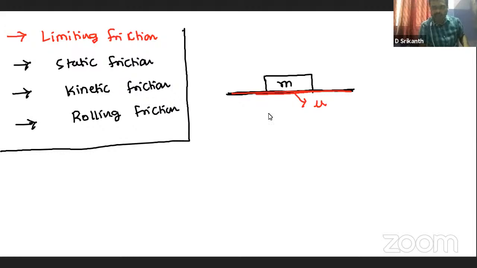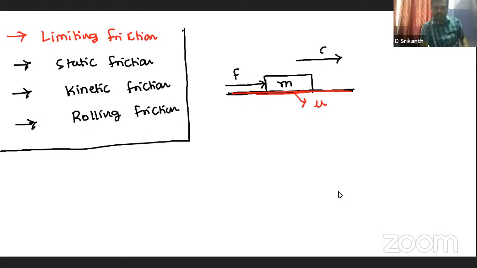Whenever we apply a force, we can apply either a pushing force or a pulling force, whatever it is. With respect to this pushing or pulling force, we'll have an acceleration of the object, right?